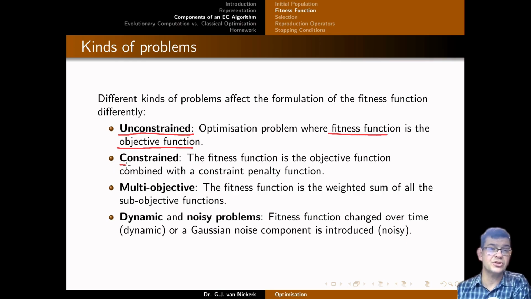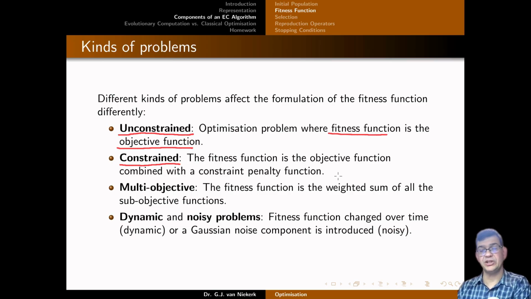Then, of course, you get a constrained kind of problem. Here, the fitness function is the objective function combined with a constraint penalty function. An example of that might be the knapsack problem. We'll do it in more detail later on, but the knapsack problem says you've got a bag, and you want to fill it with items. Let's say that items have value, but they each have a weight. So you want to find the most valuable bag given these items that you want to put inside the bag.